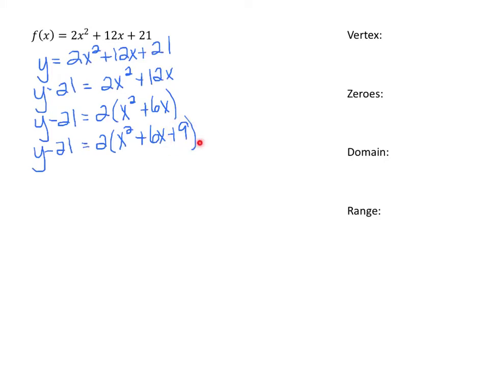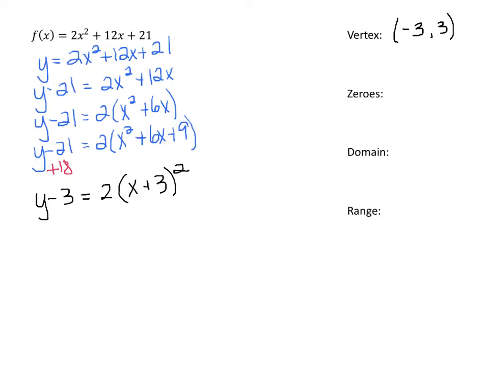Now again, since we added 9 here, we really added 9 times 2, which is 18. So we have to add 18 to the other side of this equation. That gives us y minus 3. So if we look at it, the vertex is (-3, 3). It's a minimum.